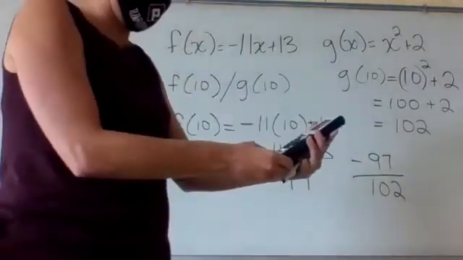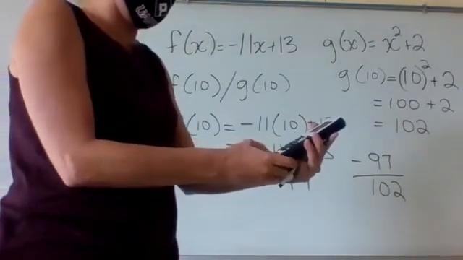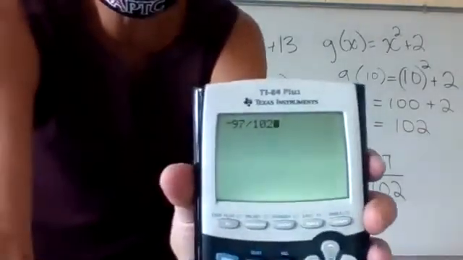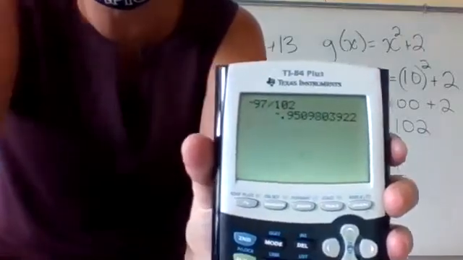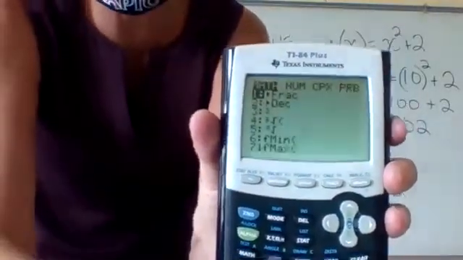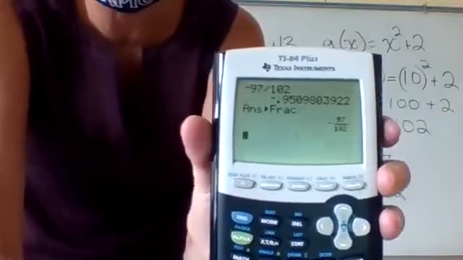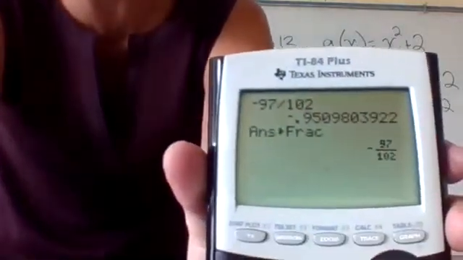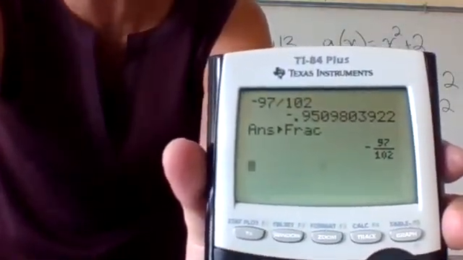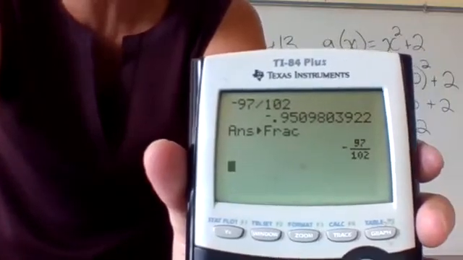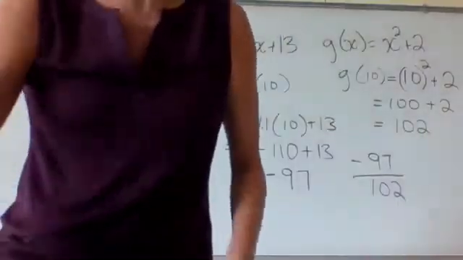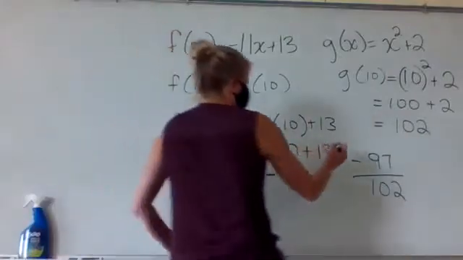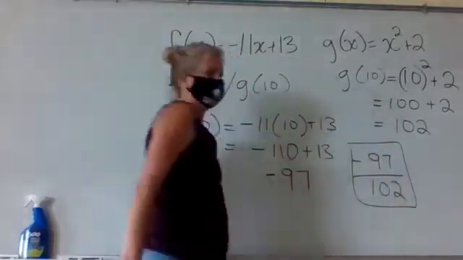Just put that in your calculator, negative 97 over 102. Hit enter, get your decimal, and then hit your math, enter, enter. And it just so happens to still give me negative 97 over 102. If it was going to reduce, it would have reduced it right there. But that is already in simplest form.